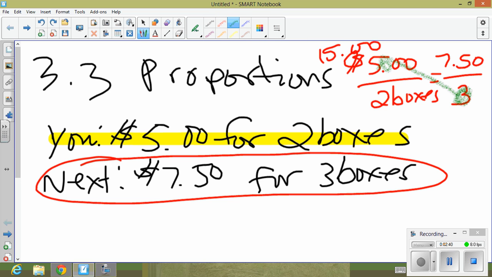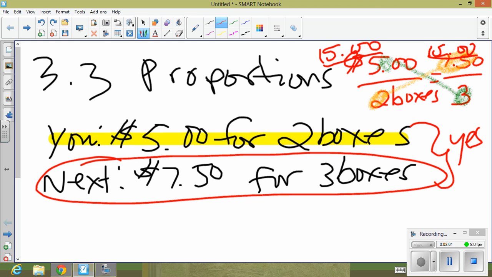You're going to take 2 and multiply that to $7.50. So 2 times 7.50, if you do that in your calculator, you should get an answer of $15. So are the two products equal, 15 equal to 15? So the answer is yes, this is fair, because each time you're paying the same amount.